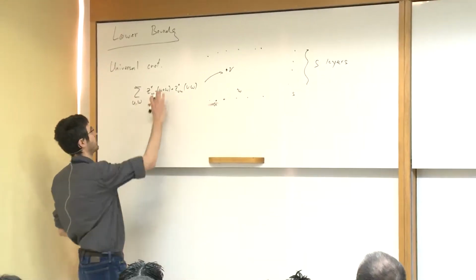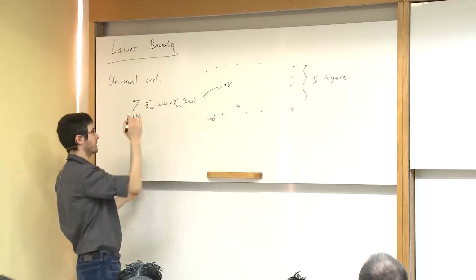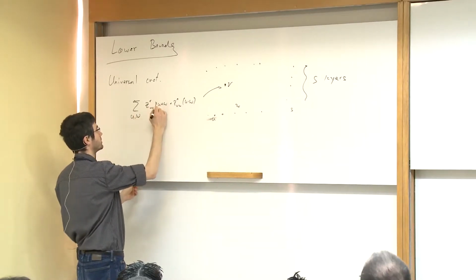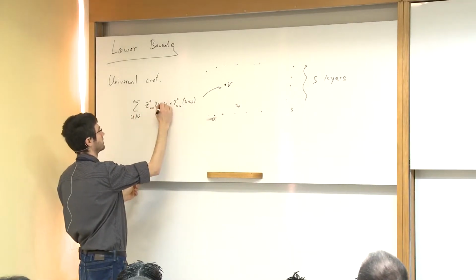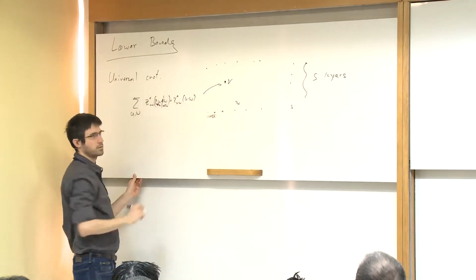So you can add a couple more variables here, like Y, Y U, Z, W, and then Y prime, U, Z, W, right?